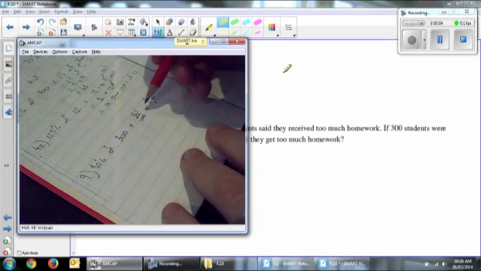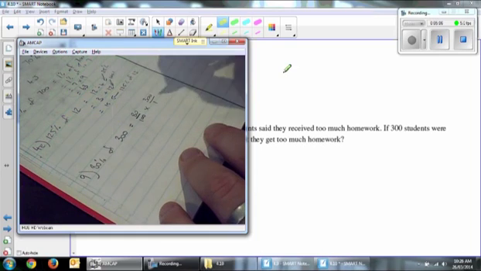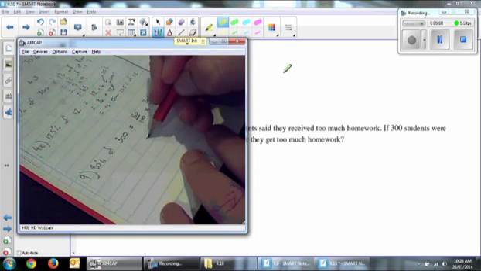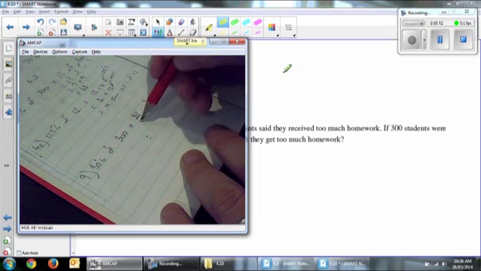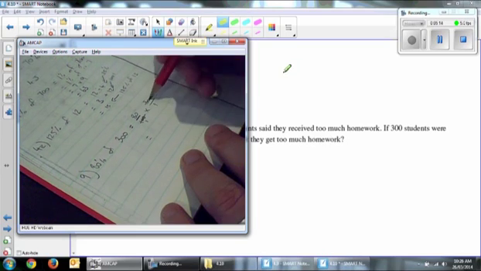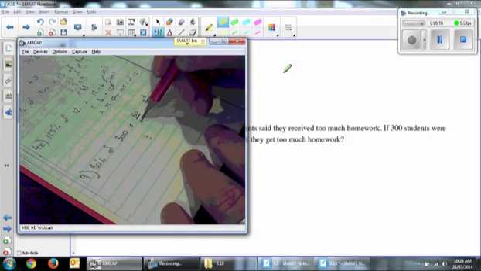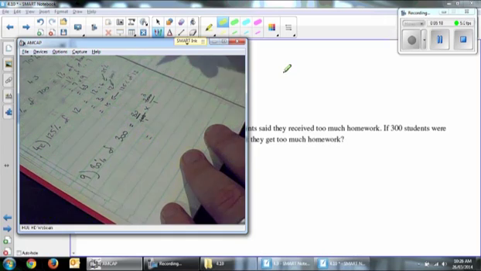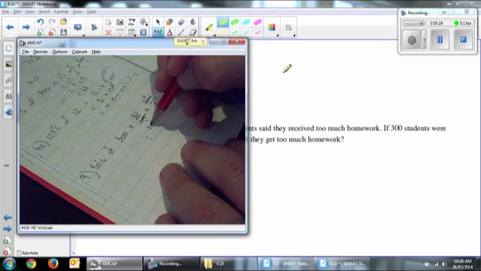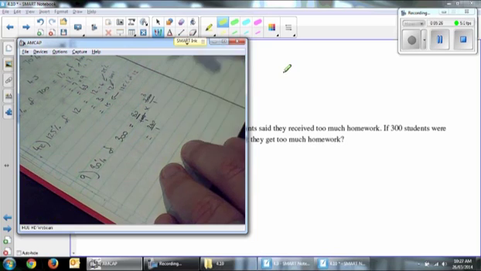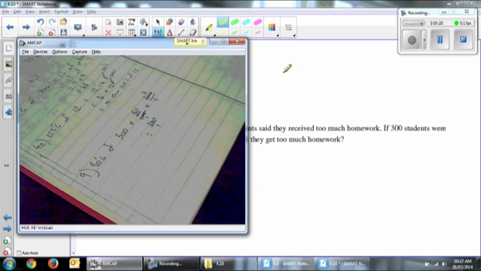Okay, so here it's really important that we cross cancel. We have to cross cancel in this situation. So 100 goes into 300 3 times, and 100 goes into 100 once. Okay, now we're left with 80 times 3 and 1 times 1. 80 times 3 is 240, and 1 times 1 is 1.